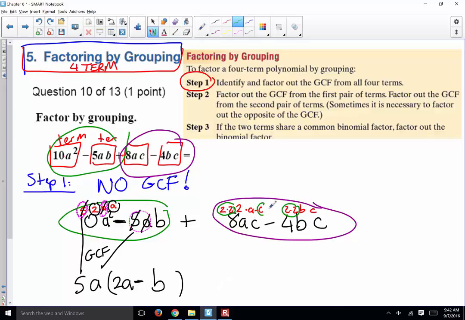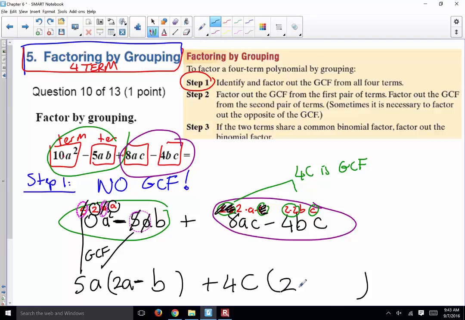And only C. So 4C is the greatest common factor for this purple group only. I'm going to pull that out as well. 4C out. I removed 4 and C from each guy. What is left in the first group? 2A. And how about this? 4C out. Who's left? What is the sign in between them?